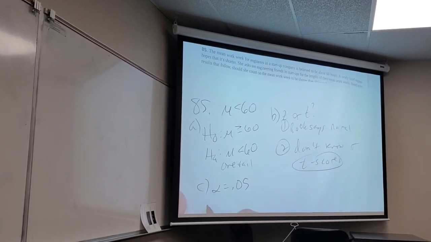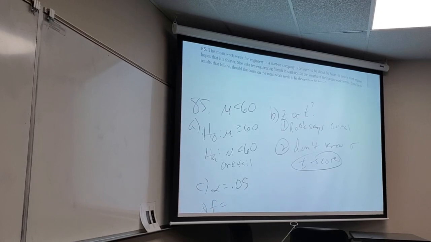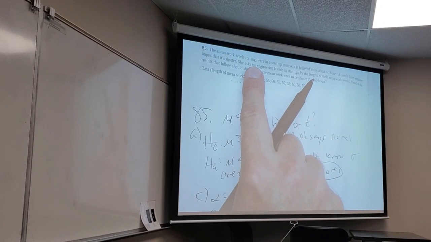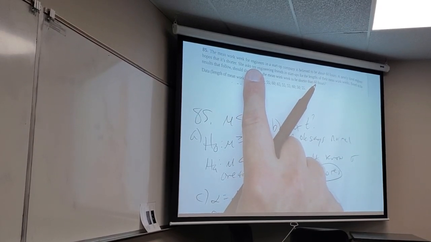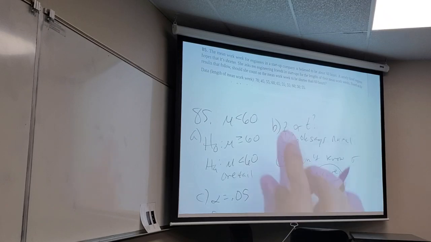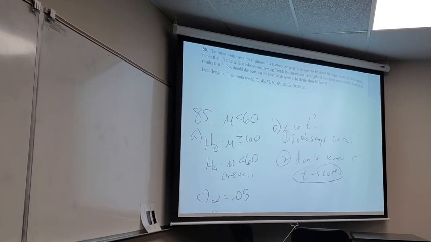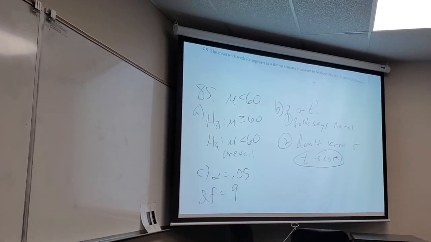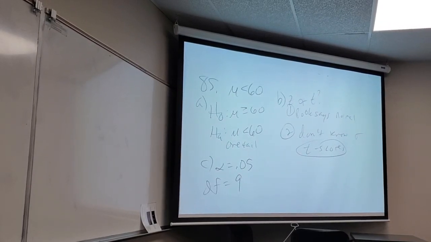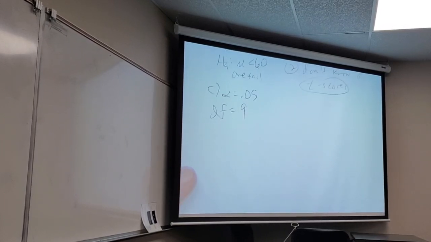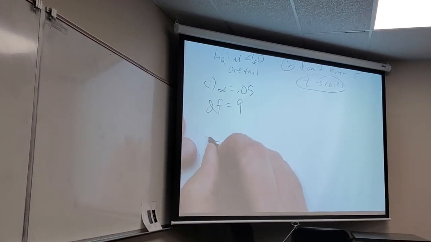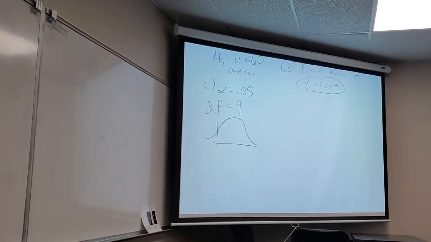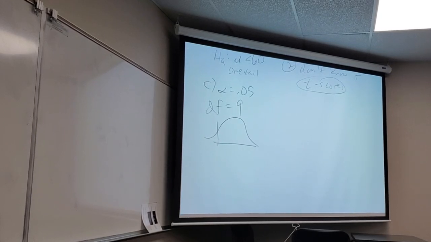What's degrees of freedom? Man, we were all over. N is 10, so the degrees of freedom is 9. Yeah, it's always one less than N, or not always, but for us, it's one less than N. So can somebody look up, it's a one-tail test, right? 0.05, one tail.